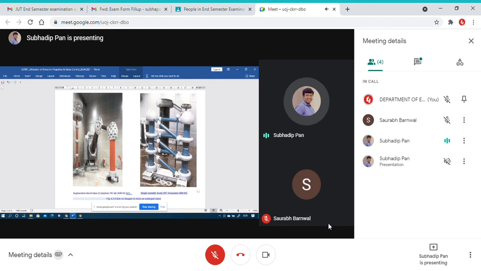There is a huge laboratory with various high voltage apparatus, and how high voltage is generated is shown in that laboratory. In the eastern region we have only these two laboratories, at IIT Kharagpur and Jadavpur University. The Jadavpur University laboratory is very old, but IIT Kharagpur has recently developed such a high voltage laboratory.